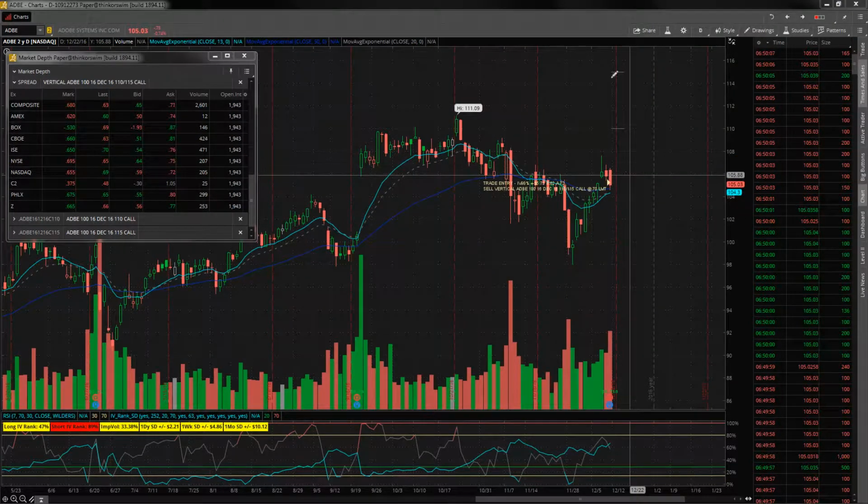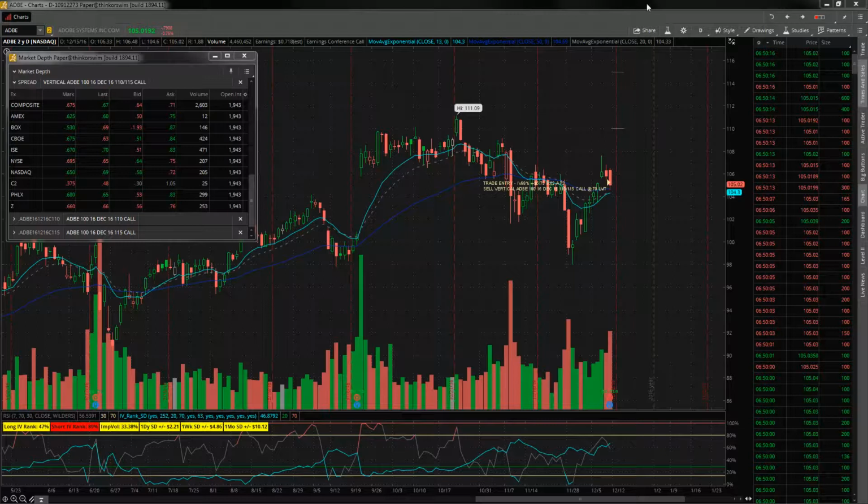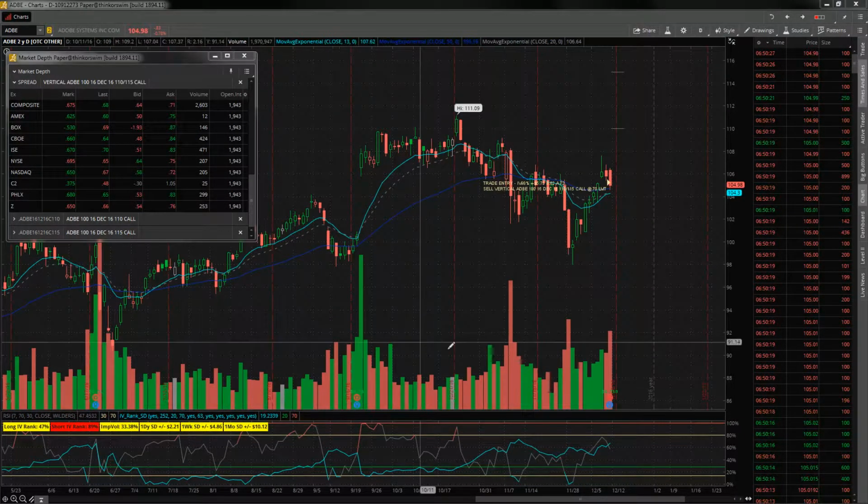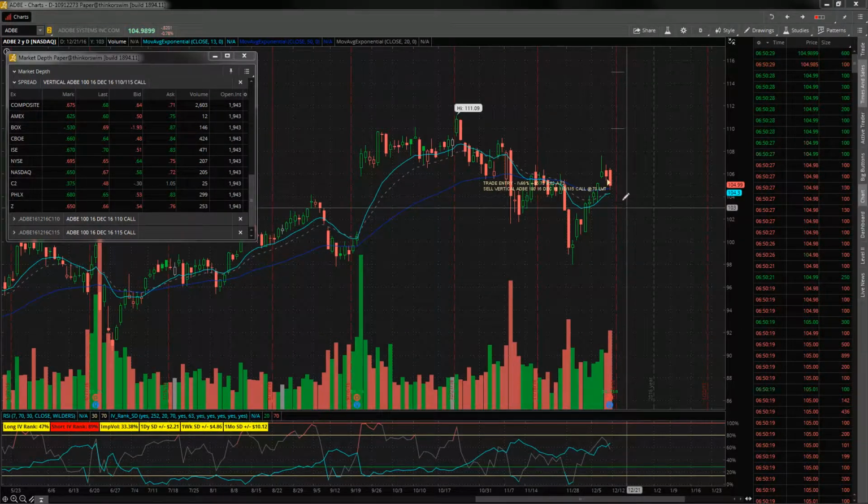So basically it has an implied volatility of 99%. The average implied volatility is 30%, so it's going to have a huge crush tomorrow on opening, regardless of what the stock does.